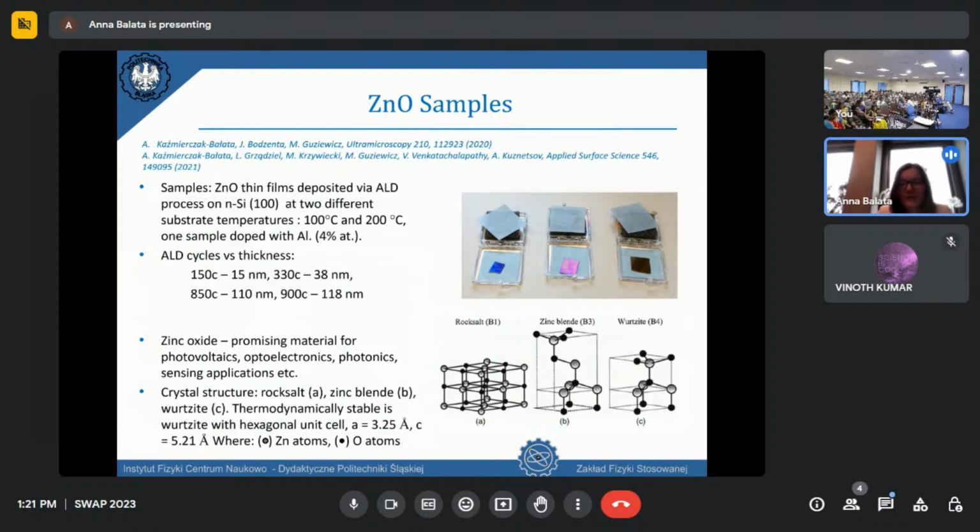And the thickness of the layers depended on the number of ALD cycles. So we had layers from 15 nanometers to more than 100 nanometers. And we investigated two groups. One was deposited at lower temperature and the other at higher temperature. But we kept a similar number of deposition cycles.